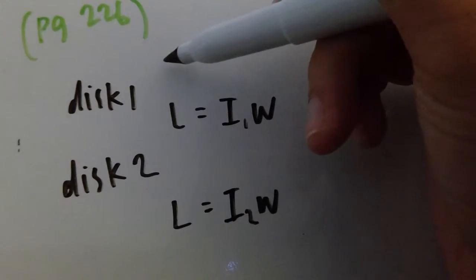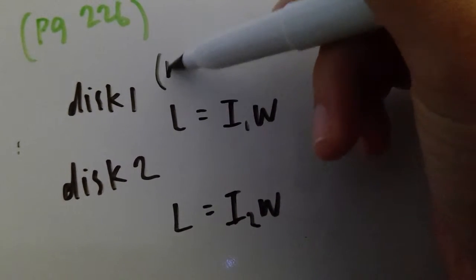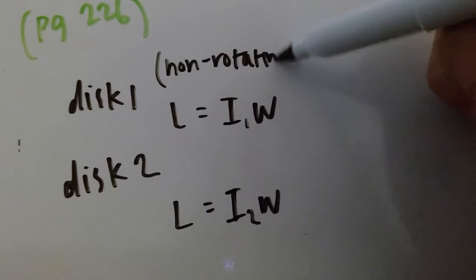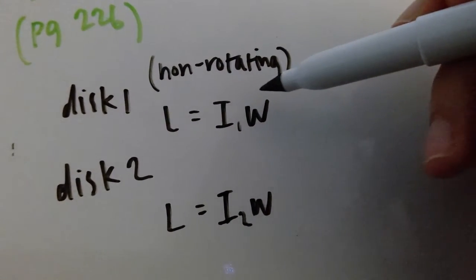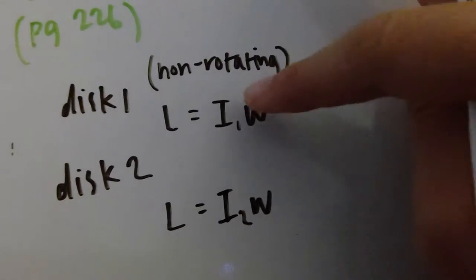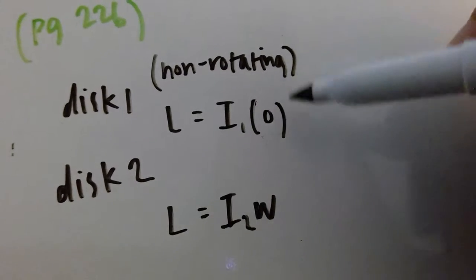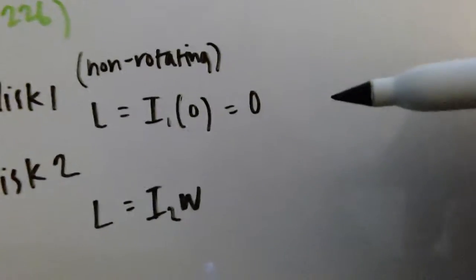And one of them is non-rotating, as stated in the problem. And so we'll make disk 1 non-rotating. And if it's non-rotating, that means that the angular velocity has to be 0 because it's not moving. And so that would just equal 0, because anything times 0 is 0.